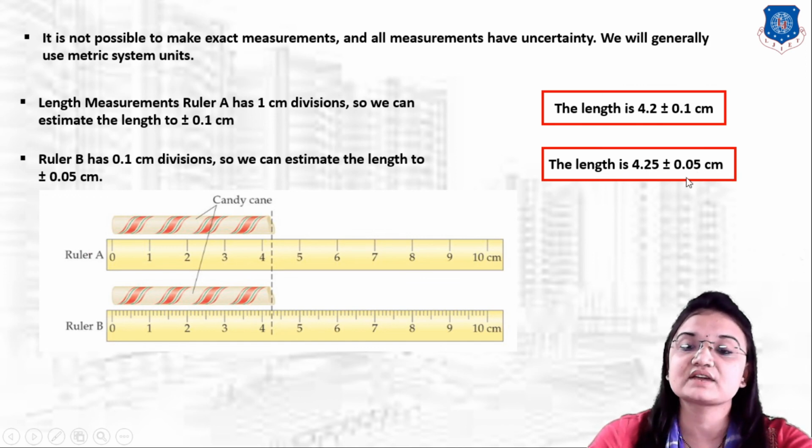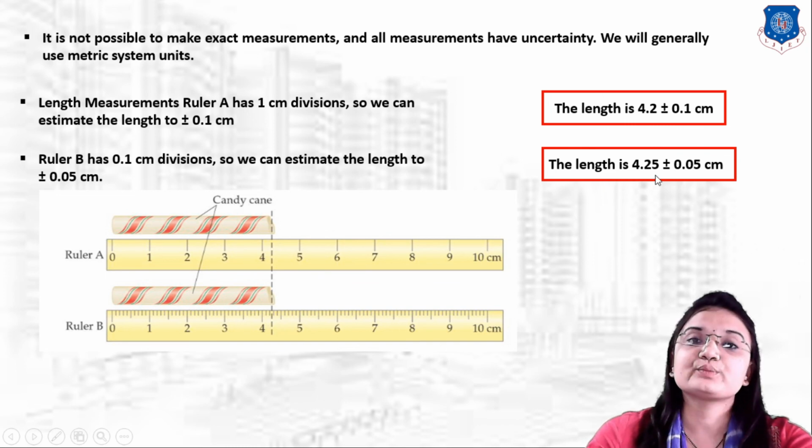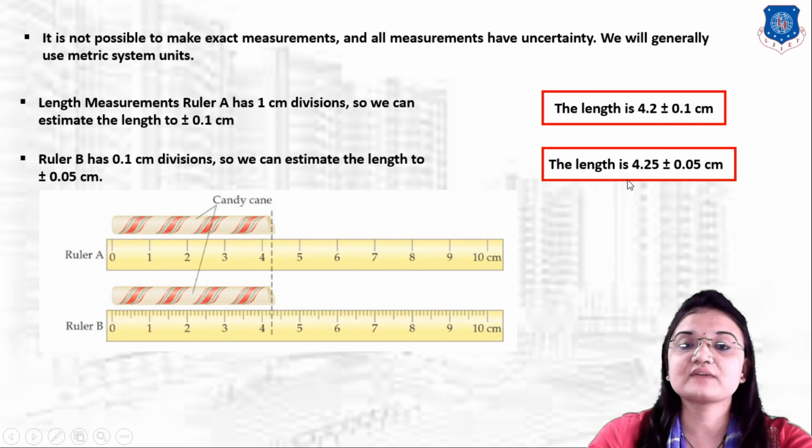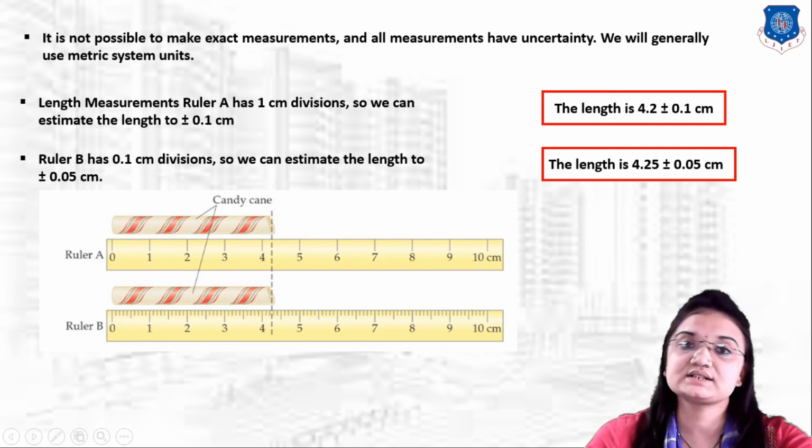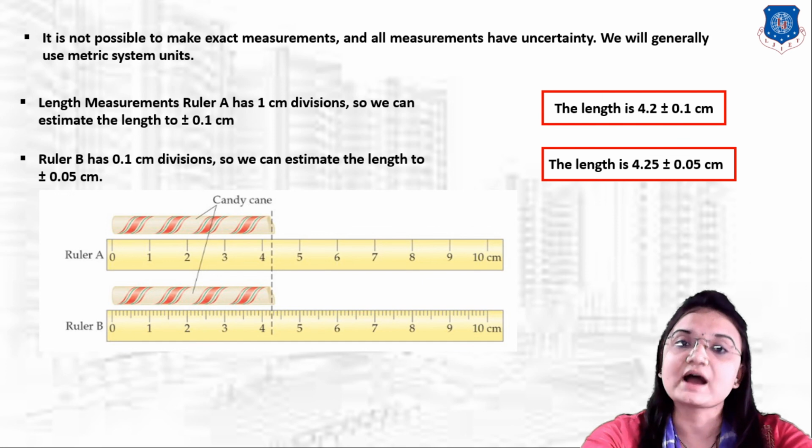That's why we represent it as 4.25 plus or minus 0.05. It can be either 4.26 or 4.24 centimeter. This is nothing but the uncertainty. So all measurements have uncertainty, which is the doubt about the quality and validity of the measurement.